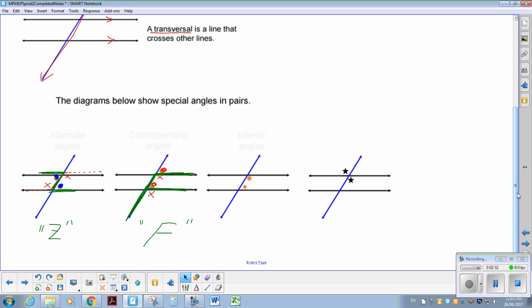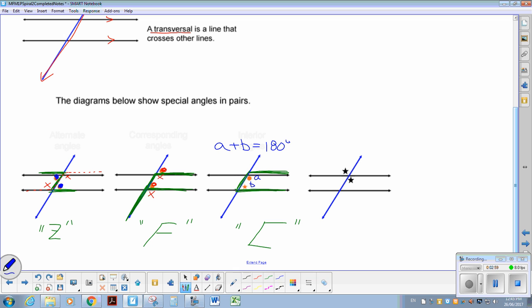Next, if we have two angles inside of parallel lines, so here's our parallel line, transversal, parallel line. This is what we call our C shape. With the C shape, these two values, I'm going to switch them to letters here. Let's call this one A and this one B. Inside there, we know that A plus B has to add up to 180 degrees.